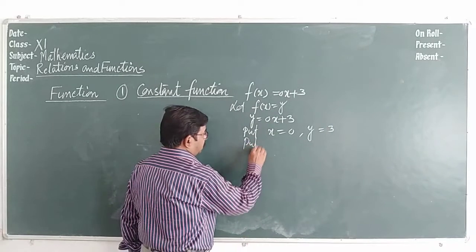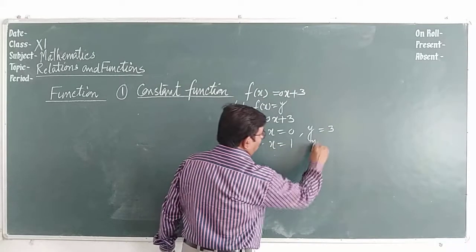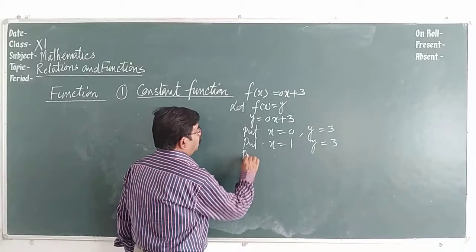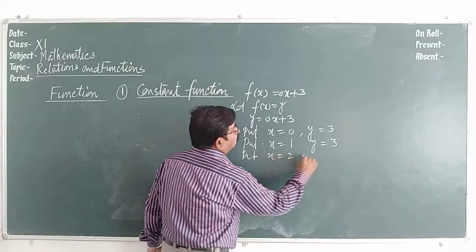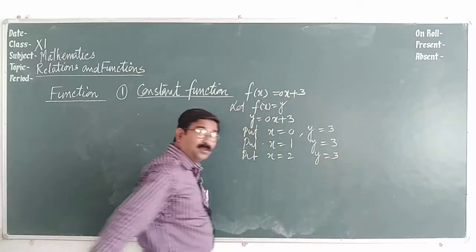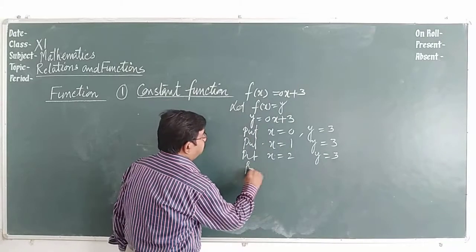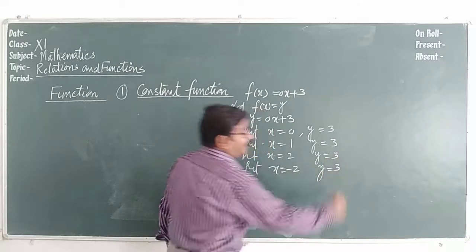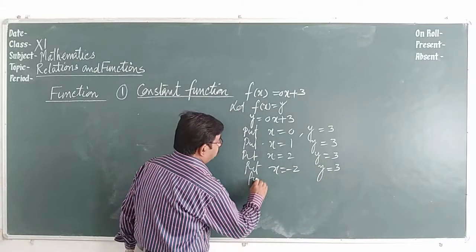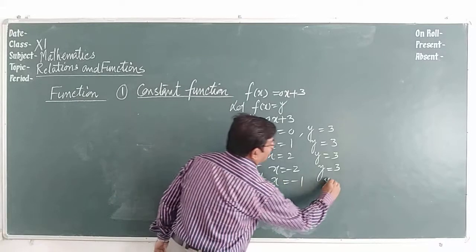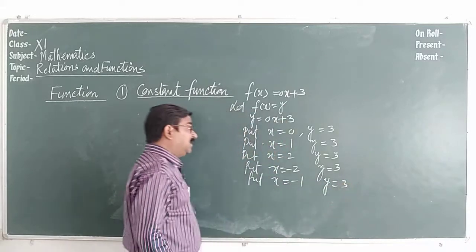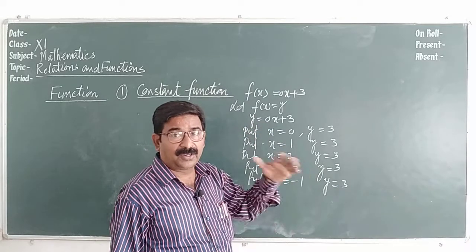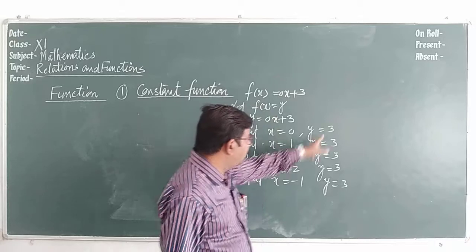Put x = 1, then y = 3, because 0 into 1 is 0. If you put x = 2, then y = 3. It is a constant function. Put x = -2, then y = 3. Put x = -1, then y = 3. Means for every value of x, try to understand, we have the same y.